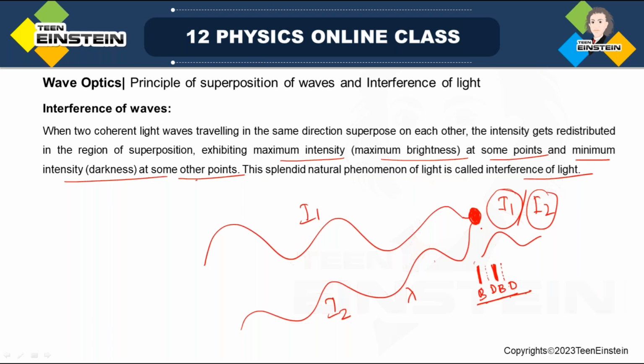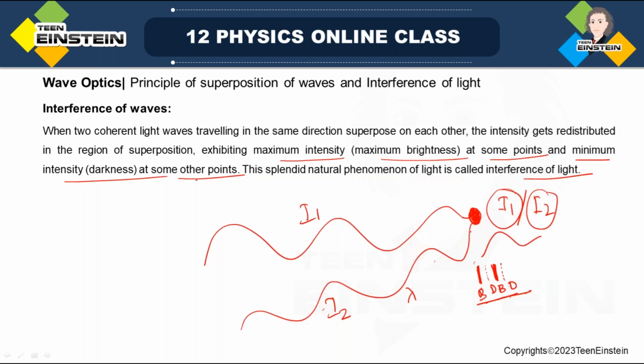The intensity will be totally different, not equal to I1, neither equal to I2. We will derive that expression. It depends obviously on the phase difference between them.